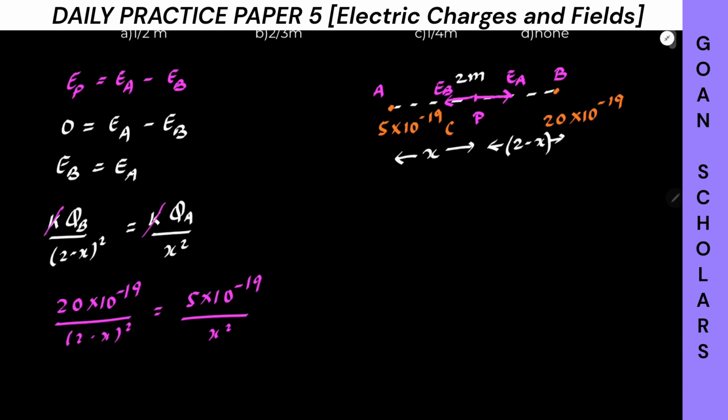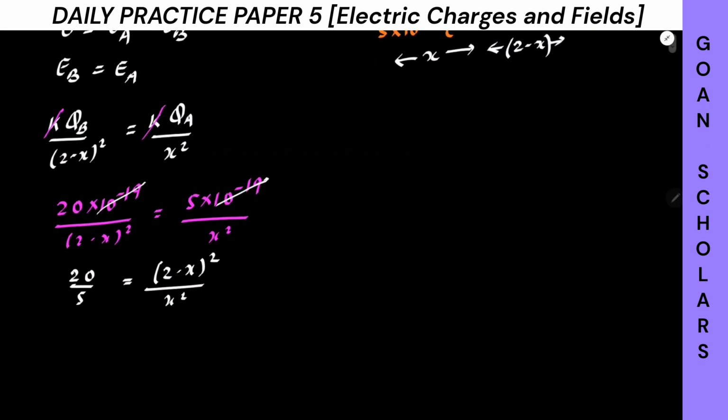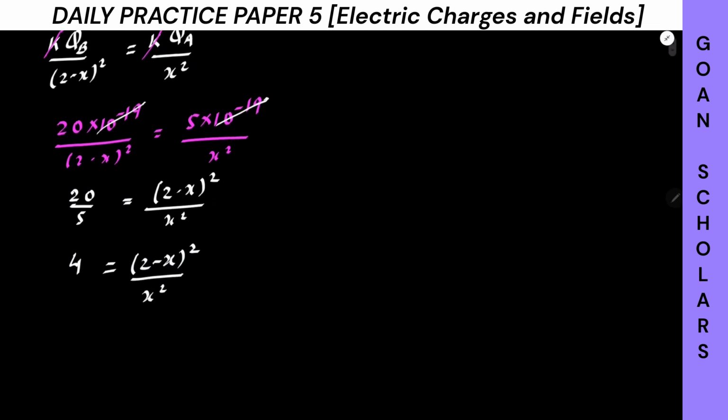Now let's cancel out both. And if you cross multiply, you will get 20 upon 5 equals (2 minus X) whole square upon X square, correct? And 20 upon 5 is nothing but 4, that equals (2 minus X) whole square upon X square.